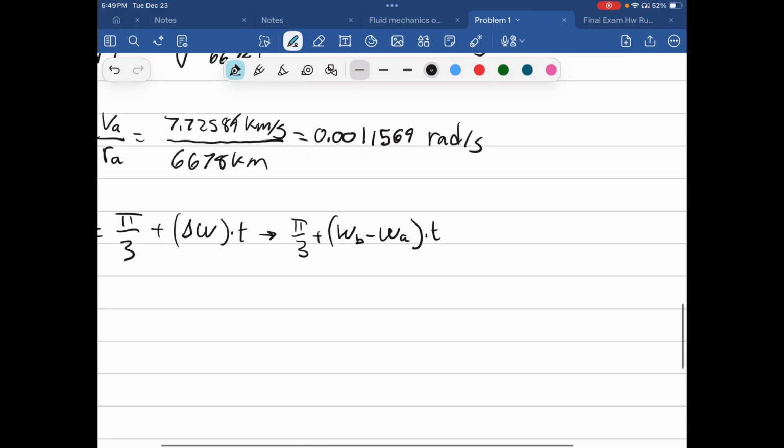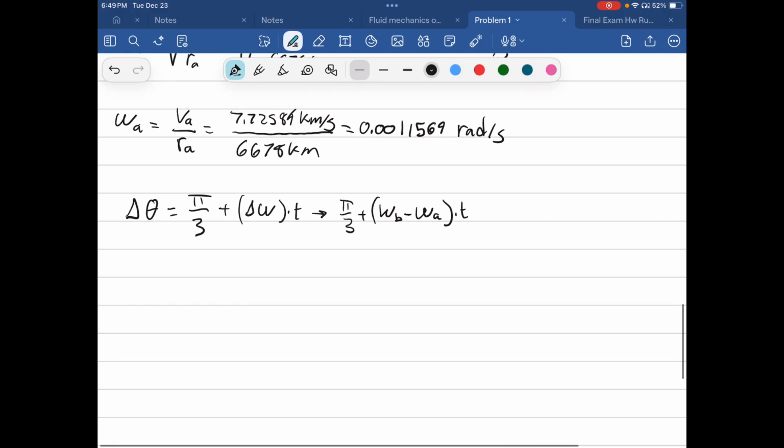We've already solved for our difference in omega, and we know omega B and omega A. So we can go ahead and solve for t equals (delta omega minus pi over 3) over (omega B minus omega A).